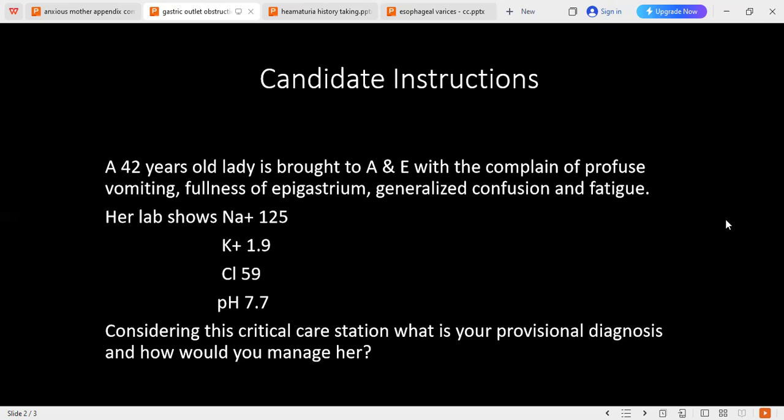Sodium is also quite low, 125. What are the complications of hyponatremia? It mainly affects the CNS. The patient can have agitation, confusion, fits, or low GCS, and can even lead to cardiopulmonary arrest, renal failure, coma, and death.